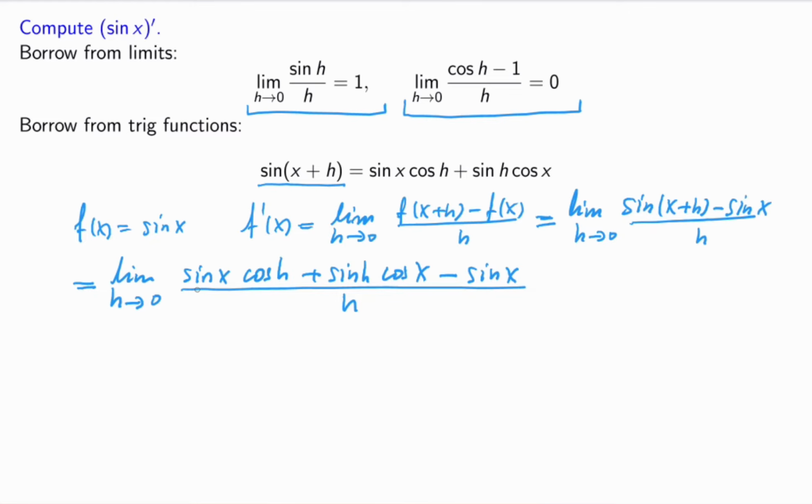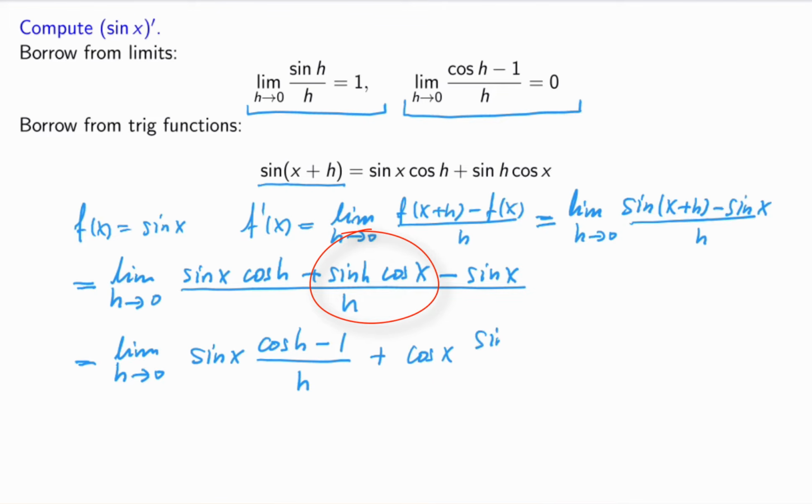And I combine the two terms which have a sine x. So I write this as the limit as h goes to 0, and I factor out a sine x, and what I keep is cosine h minus 1 divided by h, okay? And then plus a cosine of x, sine h, divided by h.